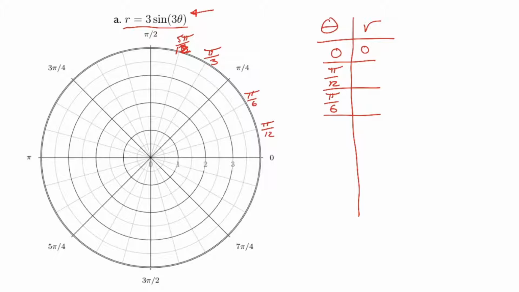Sine of pi over 4 is radical 2 over 2, so that's going to be 3 radical 2 over 2. With pi over 6, I get 3 times sine of pi over 2, and we know the sine of pi over 2 is 1, so it's just going to be 3. Then we'd have to do pi over 4 and so on.